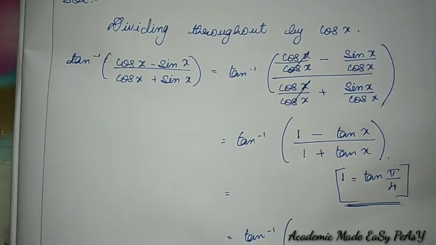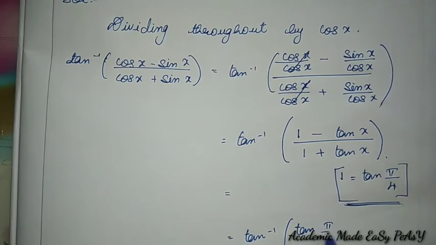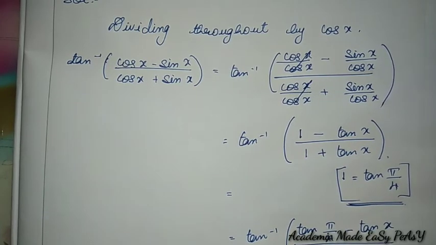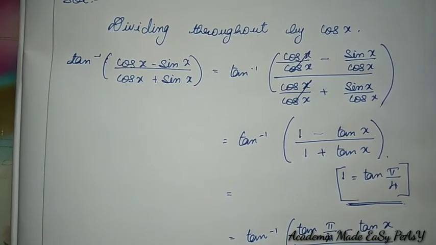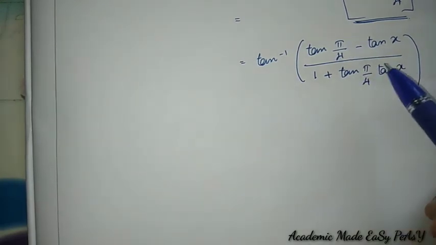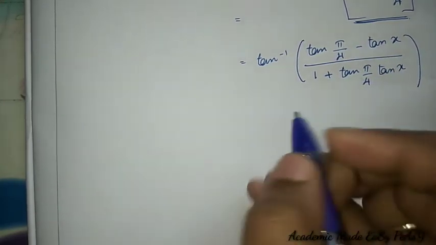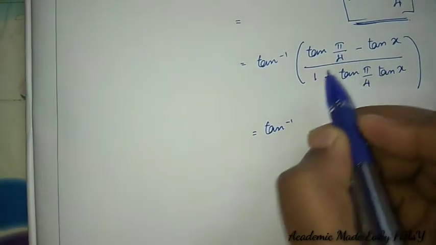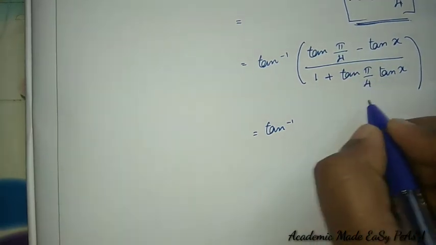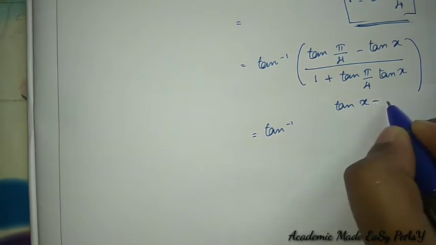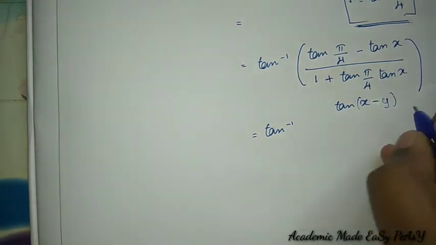So tan inverse of (tan pi by 4 minus tan x) divided by (1 plus tan pi by 4 tan x). Fine. Here tan pi by 4 is 1, so we will get back the previous step. So here I will have tan inverse of, what is this? It is of the form tan x minus y, no?